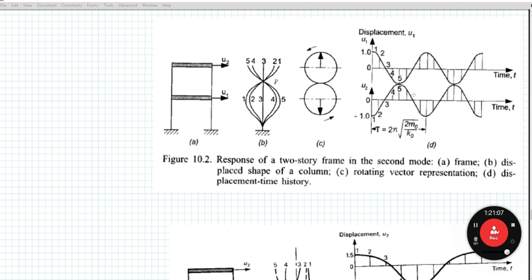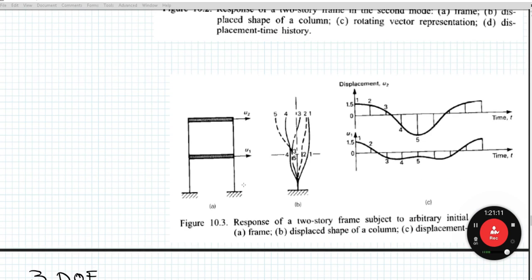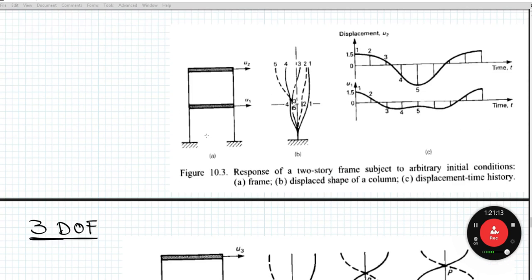And the last one for two degrees of freedom is a very nice case, where we have the response of a two-story frame subject to an arbitrary initial condition. It seems that the initial condition here at time t equal to 0 was shifted, as you can see here. This is 1, which is the initial condition.